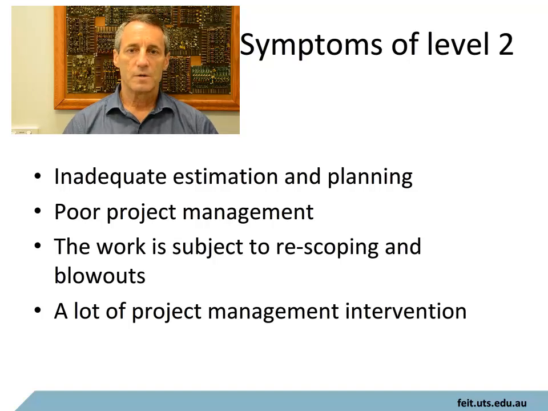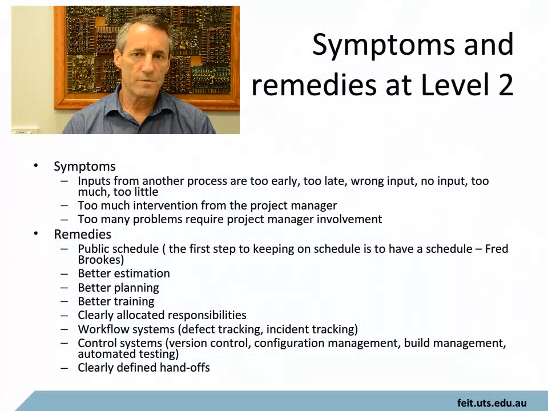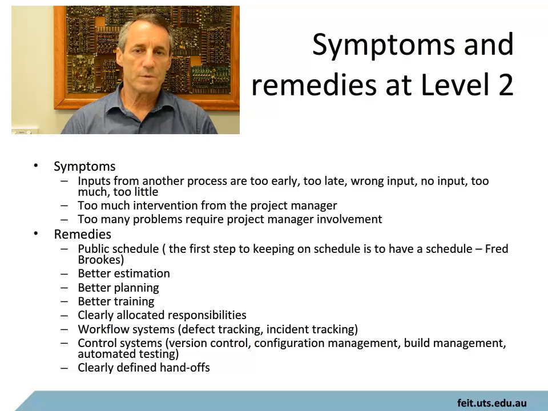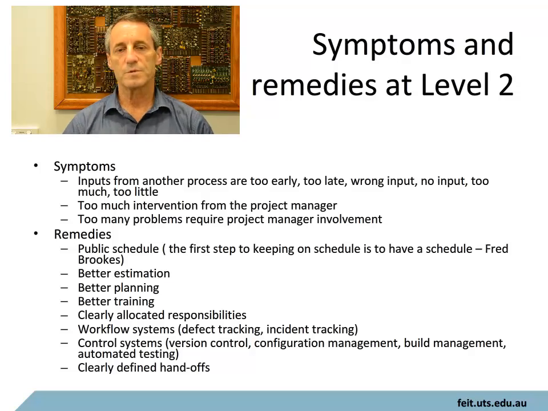So the work will be subject to a lot of blowouts, a lot of rescoping, and you will have a lot of intervention by the project manager, simply because the project management itself wasn't done adequately in the first place. There was not adequate estimation, there was not adequate planning. There is very little to coordinate all the efforts between everybody, and it just is fairly disorganized, even if the quality of the code itself is not too bad.